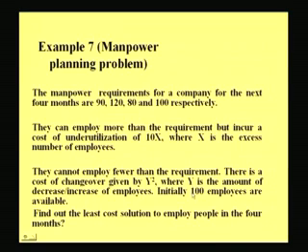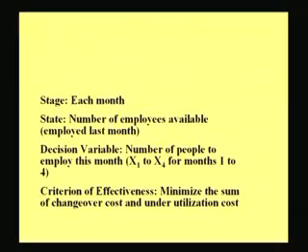Now, if we look at the beginning of the second month, then the number of people who are employed in the first month would now be available at the beginning of the second month, and therefore, that would be the state variable. So, state variable here is the number of employees available at the beginning of the month, which is the number of employees who were employed in the previous month.